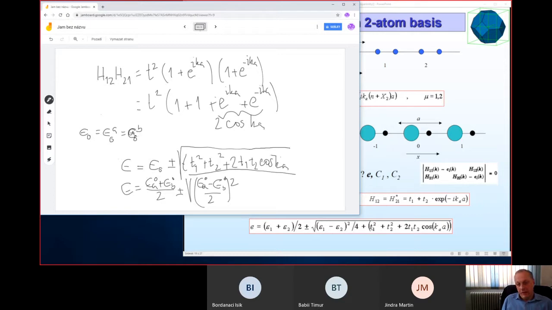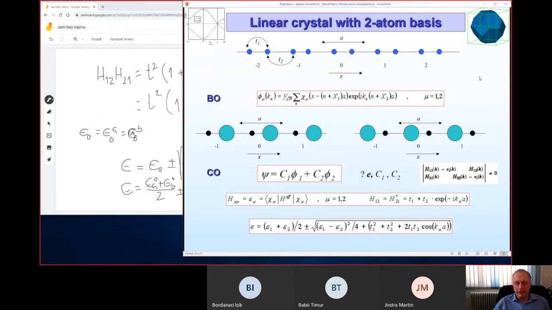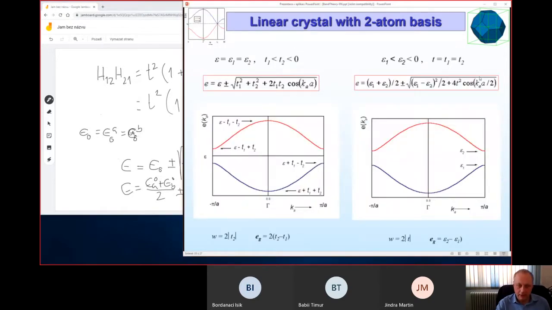But then if T1 is equal to T2, we have 2t square and 1 plus cosine of Ka, something like that. And these two particular cases are very important because they demonstrate two kinds of insulators.